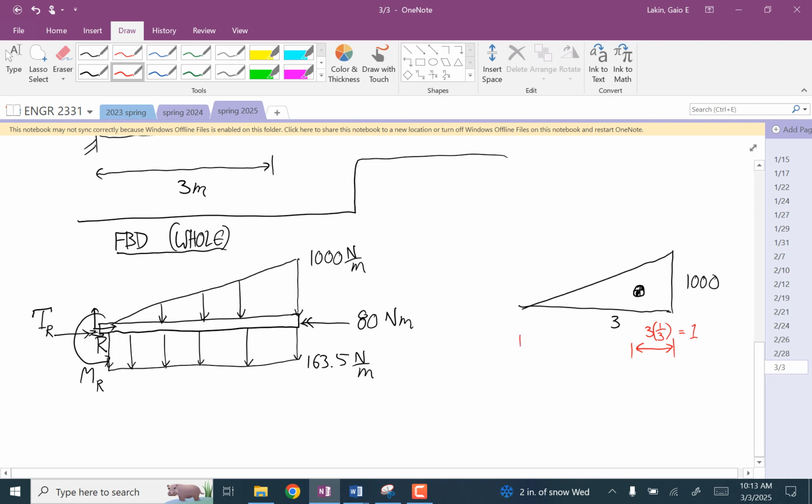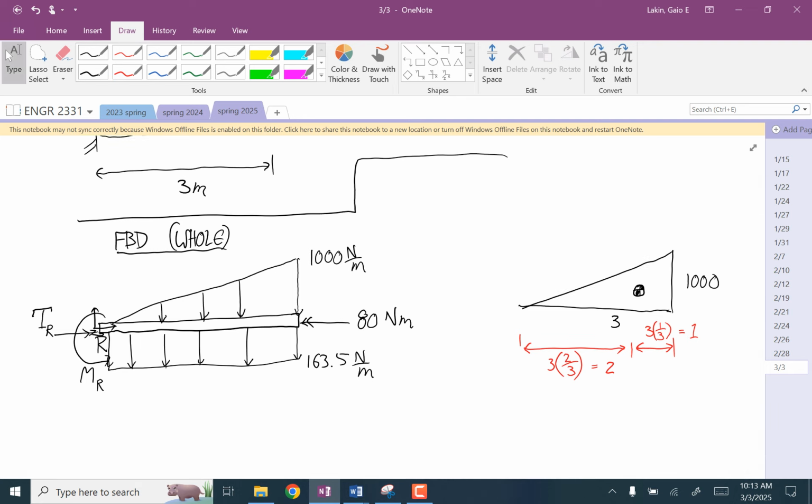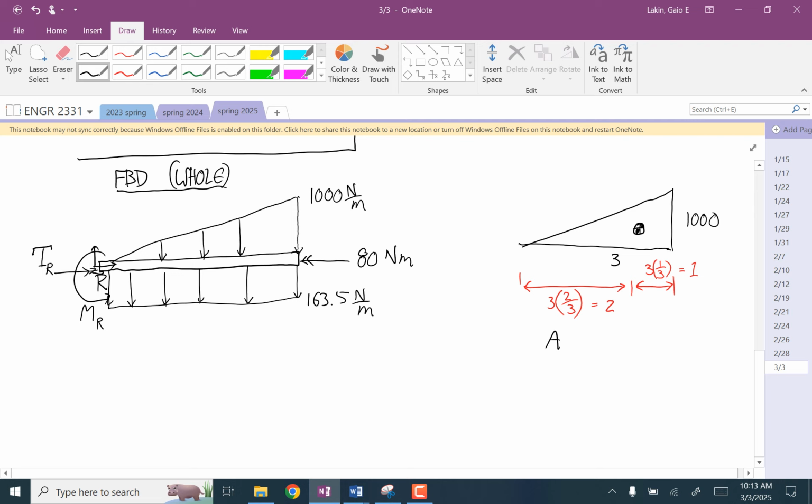And so that means that this length is 3 times 2/3, so just 2 meters. And the area of that triangle is 1,000 times 3 divided by 2, so 1,500.